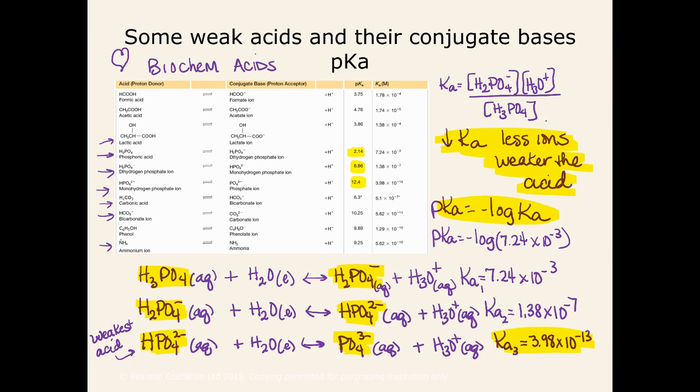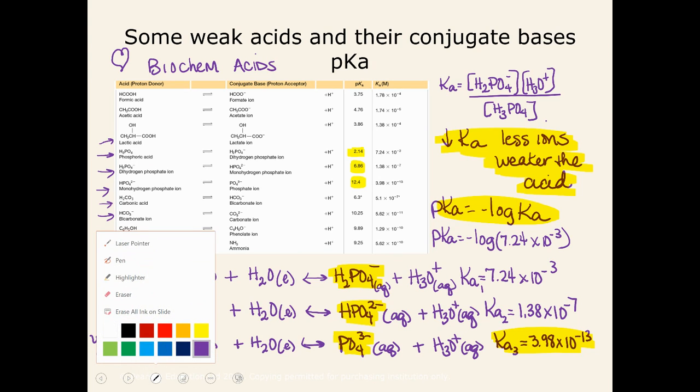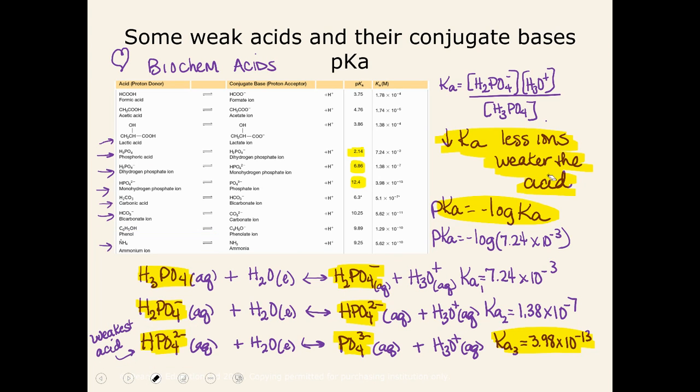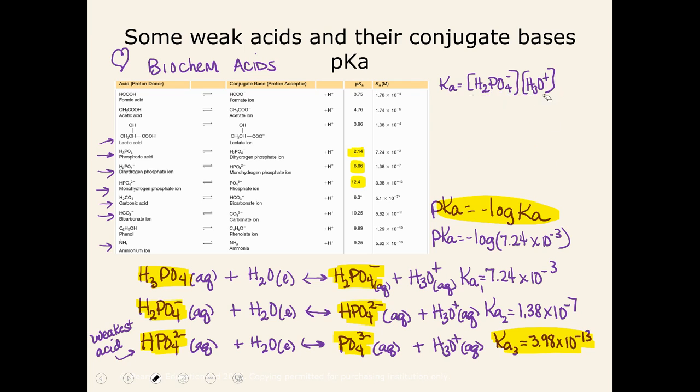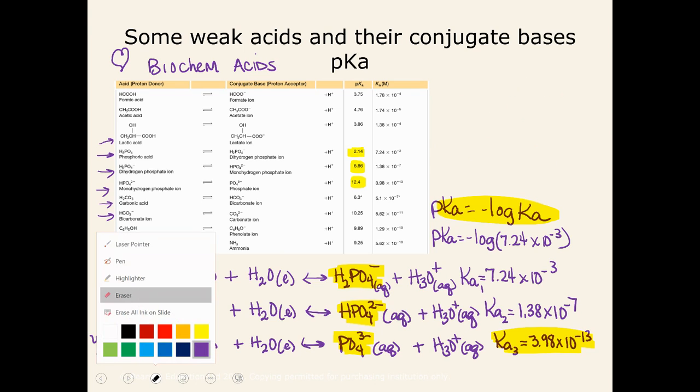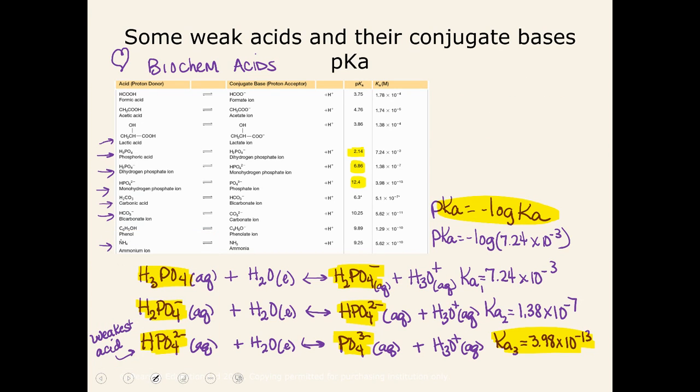is another very, very important relationship. We said that the smaller the Ka, the weaker the acid. Okay, the smaller the Ka, the weaker the acid. But let's look at the pKa numbers.